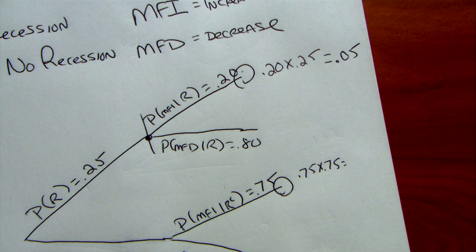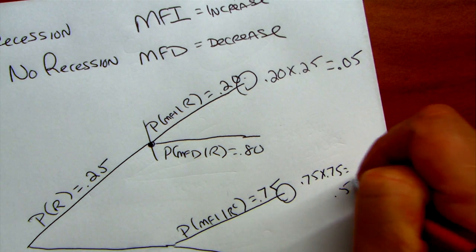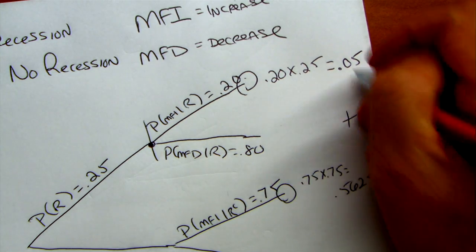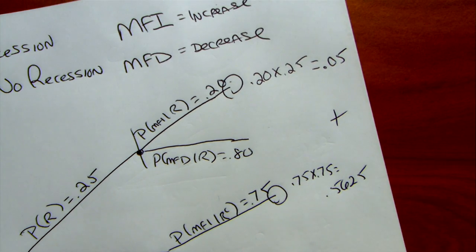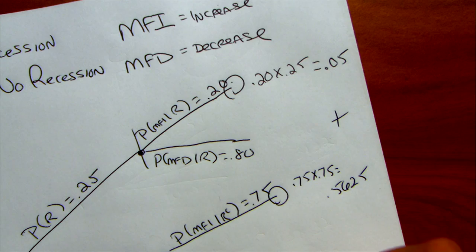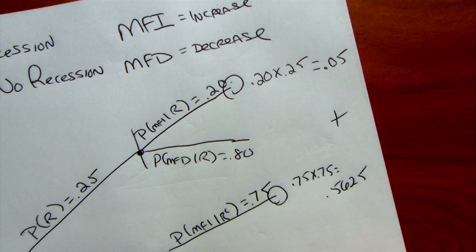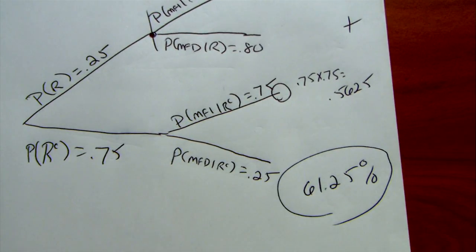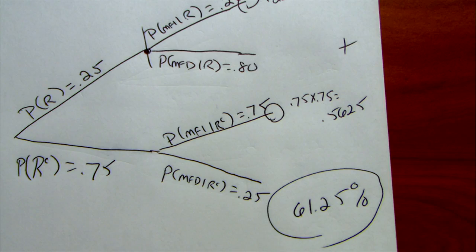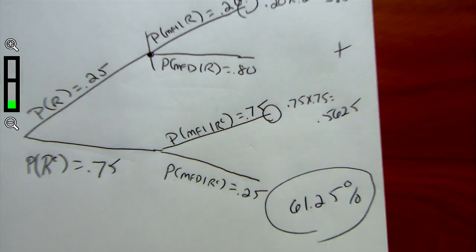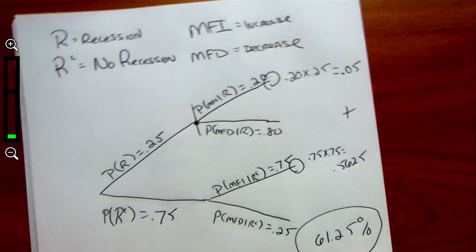That gives me, I believe, 0.5625. It does. So 5% plus 56.25% gives me 61.25%. So that's my answer.